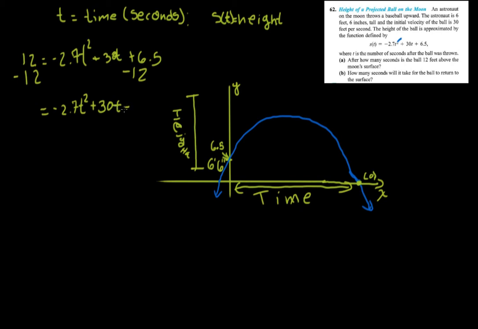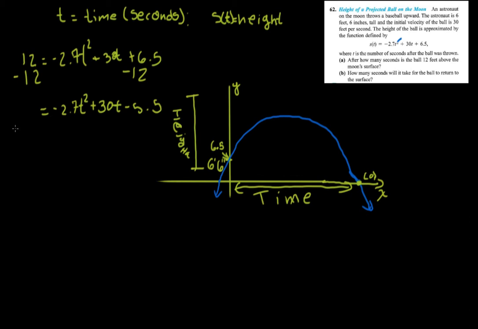Oops, it's going to be negative in this case. So 6.5 minus 12 is negative 5.5, right? 6.5 minus 12, negative 5.5, that's correct.